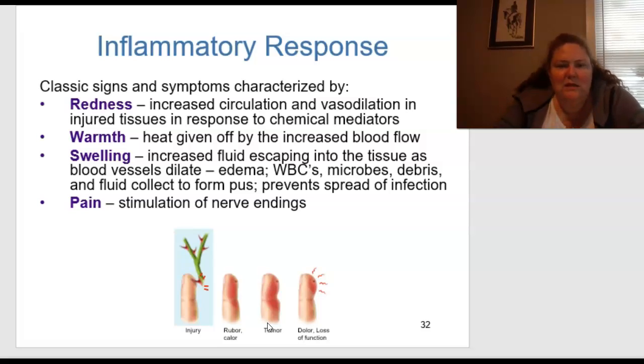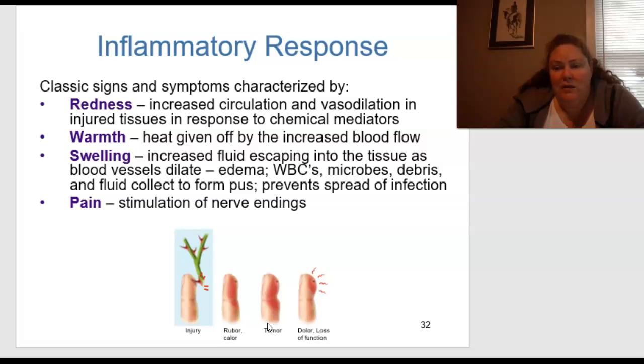Basically the redness is going to be increased circulation and vasodilation in an injured tissue in response to the chemical mediators. The warmth is the heat that's given off by the increased blood flow. The swelling is increased fluid escaping into the tissues as the blood vessels dilate. This would be edema, white blood cells, microbes, debris, and fluid collecting to form pus, therefore preventing the spread of the infection.